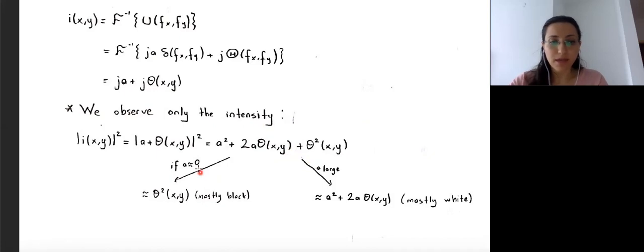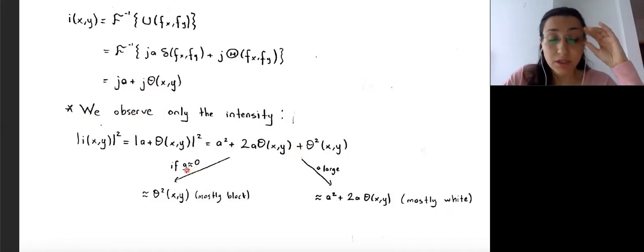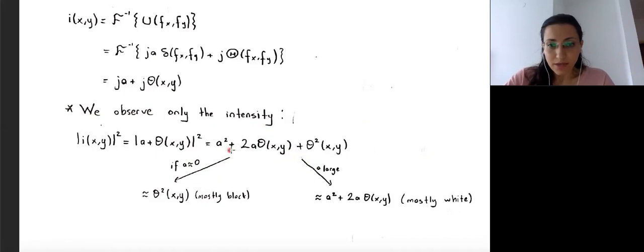For example, if we choose the a parameter to be a very small amplitude change, very small amplitude transmission, in that case, when a is very small, basically this term will be dominant. Okay, we're going to just see the square of the phase change of the object in the two-dimensional space.